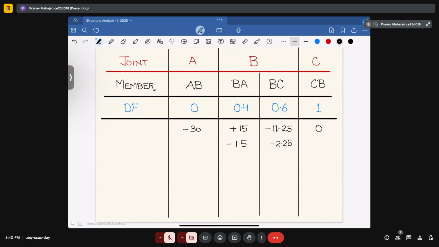Okay. So their carryover moment will come out as minus of 0.75, and in this it will come out as minus of 1.13. Fine.